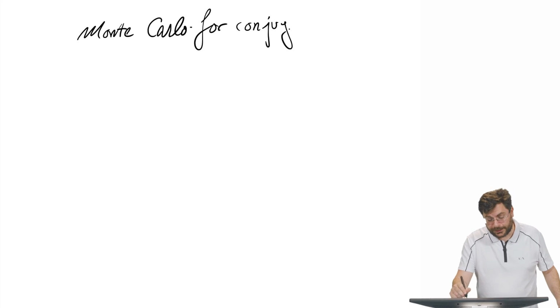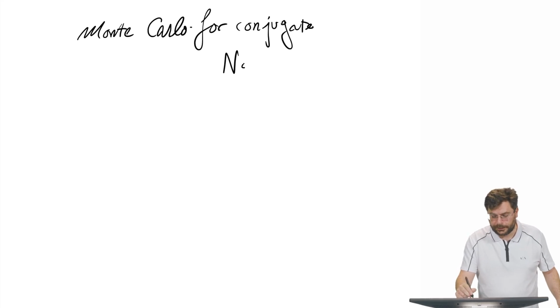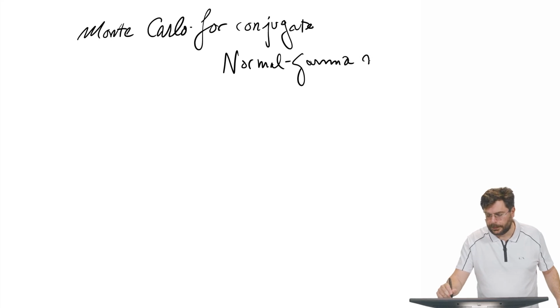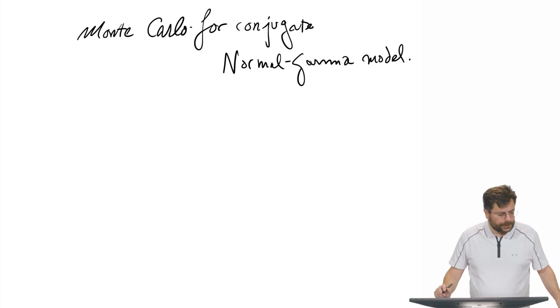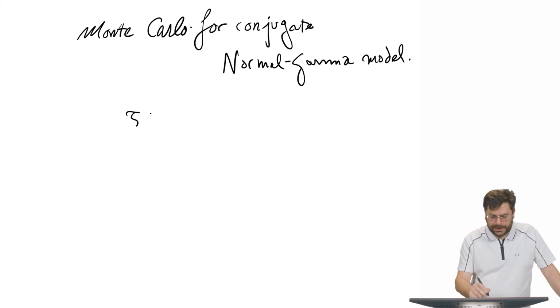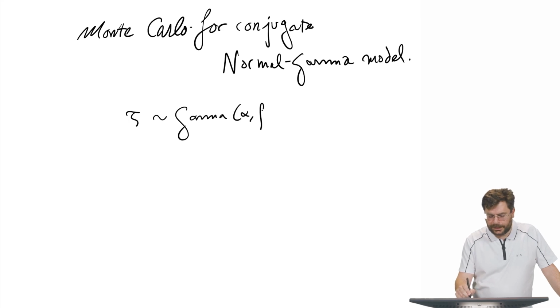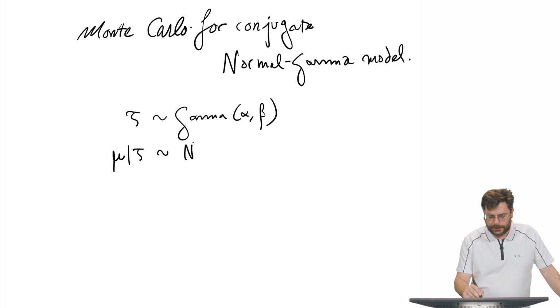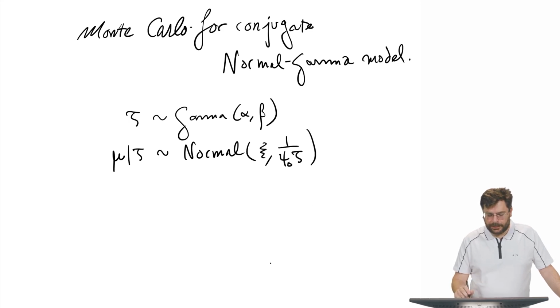But for now, let's give the simple example of Monte Carlo for an example that we've seen already, the conjugate normal gamma model. Let's start by saying that tau is drawn from a gamma distribution. Tau here is going to be the precision. The mean, given the precision, is drawn from a normal distribution, and its hyperparameters are xi and psi naught multiplied by tau.